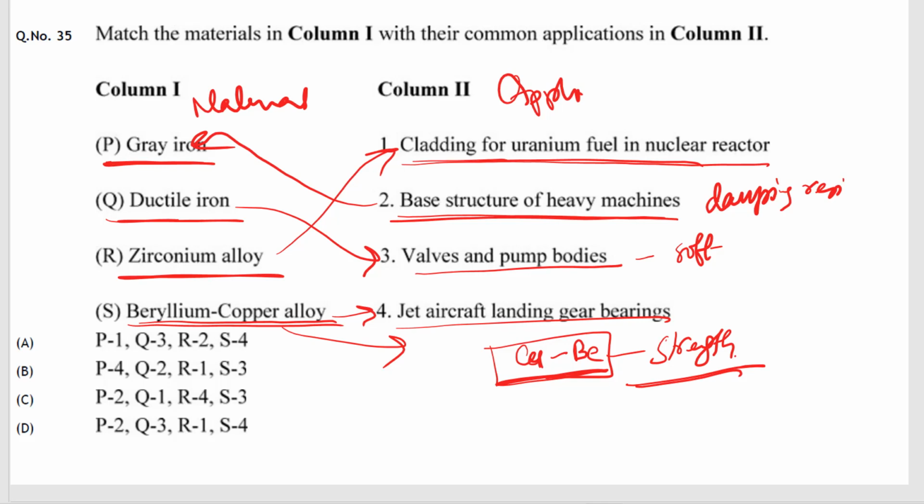Strength also we get, and from a proper lubrication point of view also, that is very possible in case of this alloy, copper beryllium alloy. We are getting P matches with 2, Q matches with 3, R is 1 and S with 4. So option D. Okay guys, so next question.